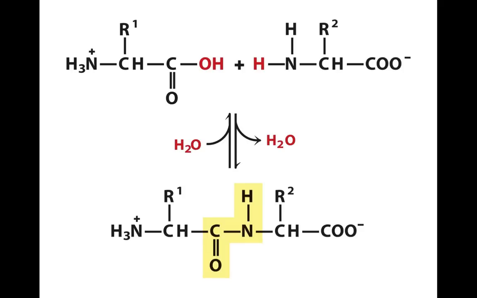Let's just recap here. You're going to be reacting the carboxyl group of one amino acid with the amino group of the other amino acid. When you're going in that direction, that's a condensation reaction, because if you watch here, we're losing water.